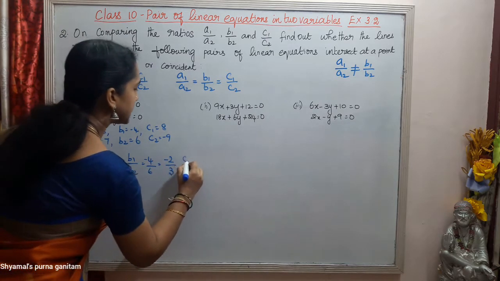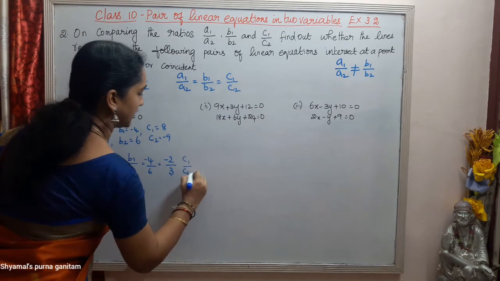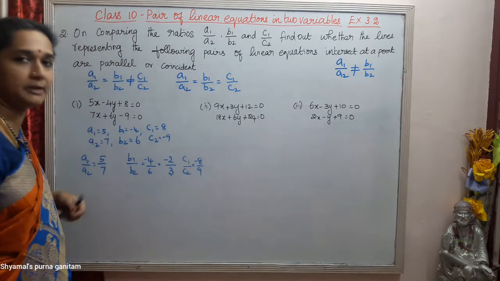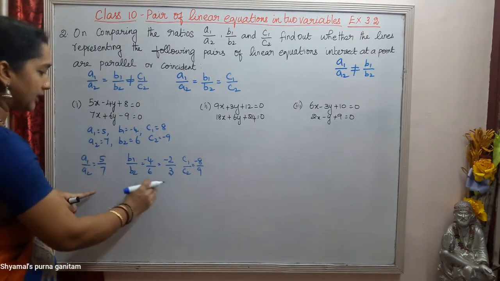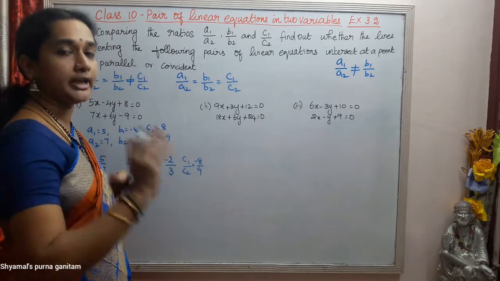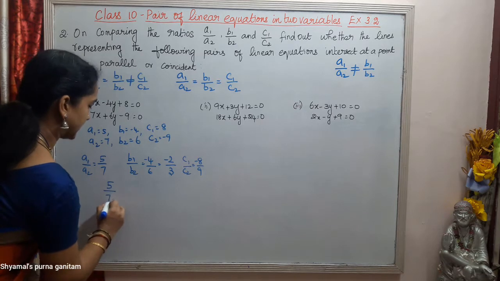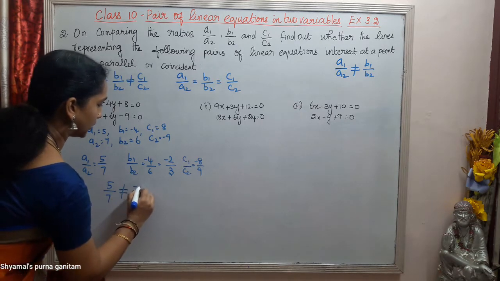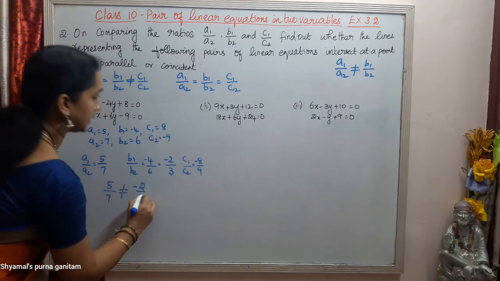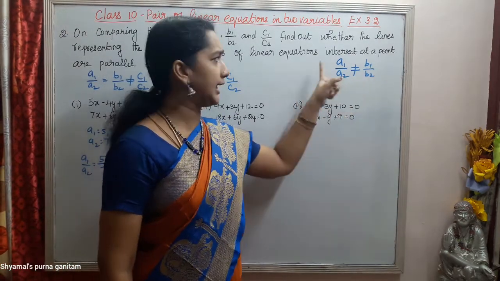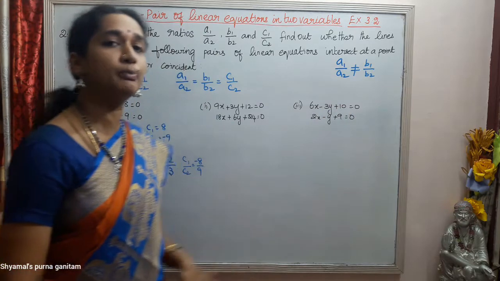C1 by C2 is minus 8 by 9. When we compare, all are not equal. Taking the first two, 5 by 7 is not equal to minus 2 by 3, so A1 by A2 is not equal to B1 by B2.